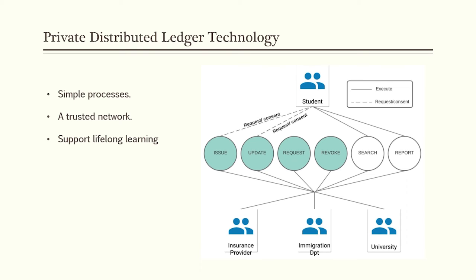For instance, the student can share his portfolio with employer organizations, or even with a different university if that student wants to apply for a different course or apply for a scholarship in that university. Therefore, our system also supports a lifelong learning approach.